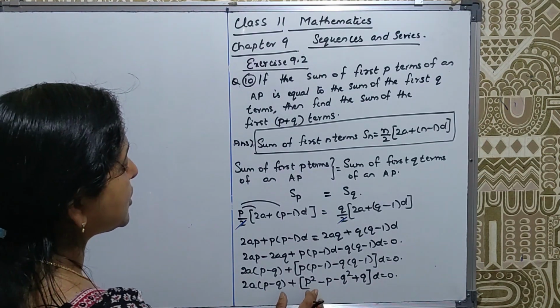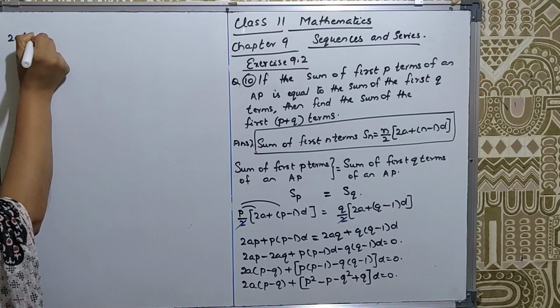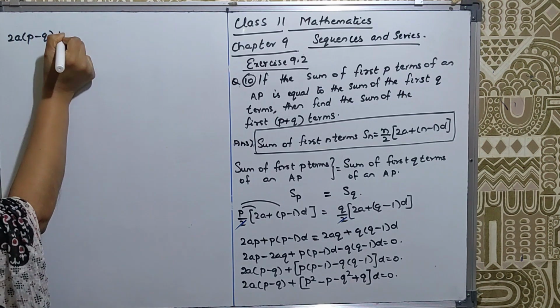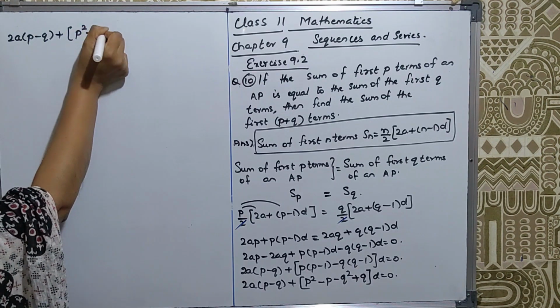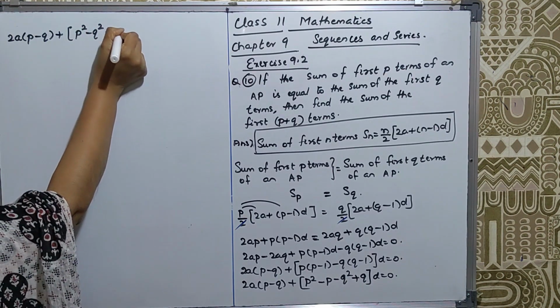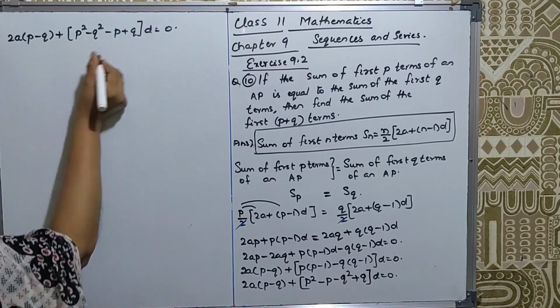Now we'll collect the terms, p squared terms. So 2a into p minus q plus, when you collect it, p squared minus q squared minus p plus q, full thing into d equal to 0.